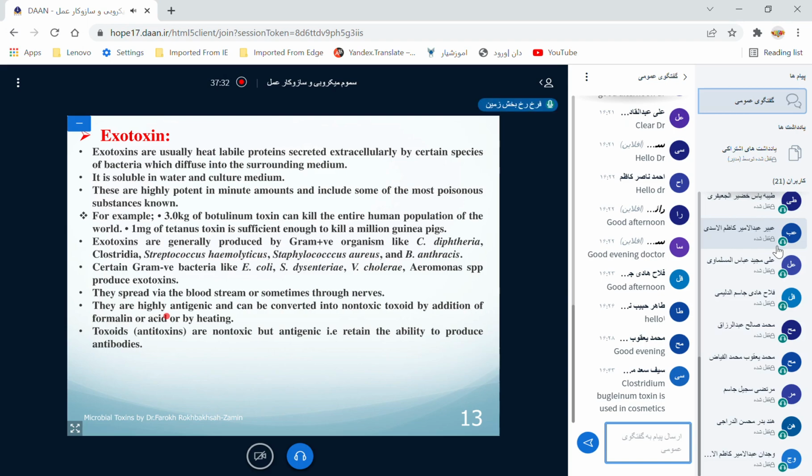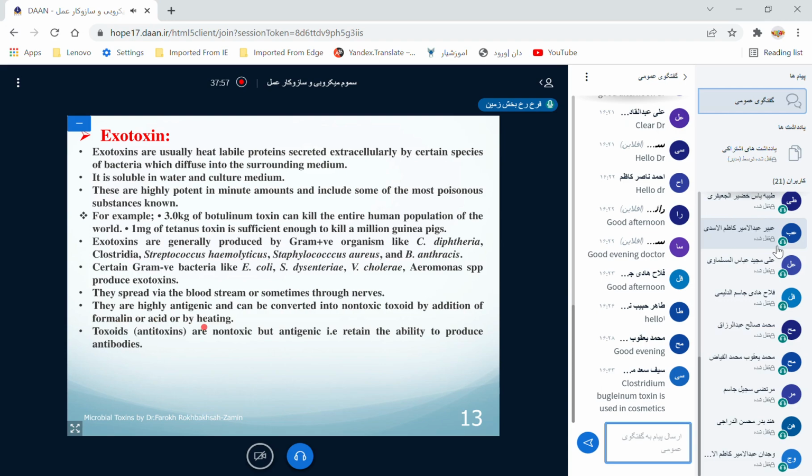When they are antigenic, the immune system recognizes them and reacts, and they can be converted into non-toxic toxoid. Yes, we can do it. How? By addition of formalin, acid, or heating.